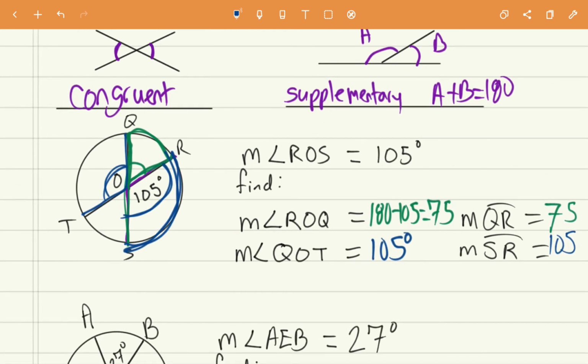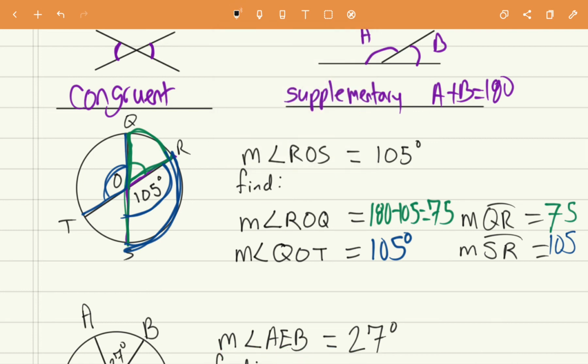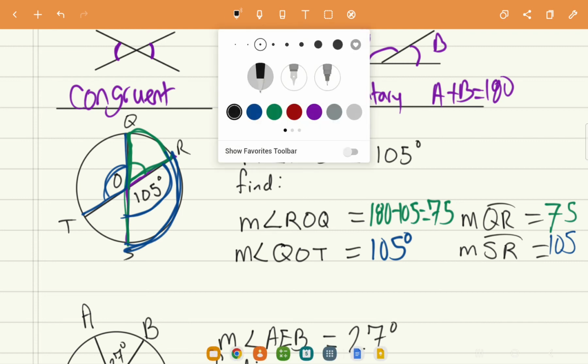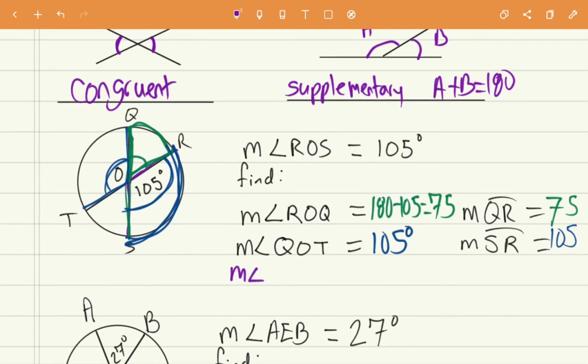Now, this isn't on here, but I am going to show you how you would find multiple angles or multiple arcs being added together. So let's say we want to find the measure of TOS, but I want the big one.